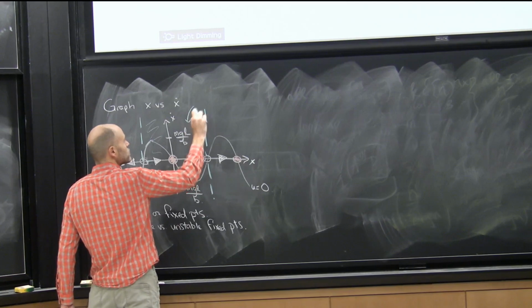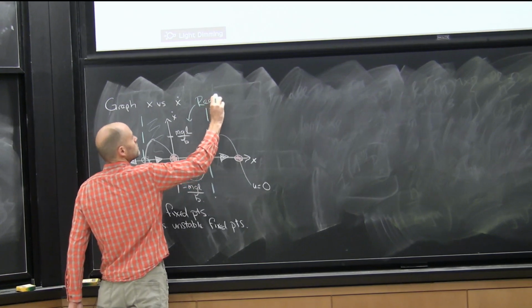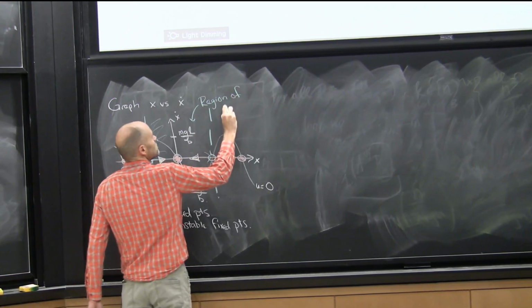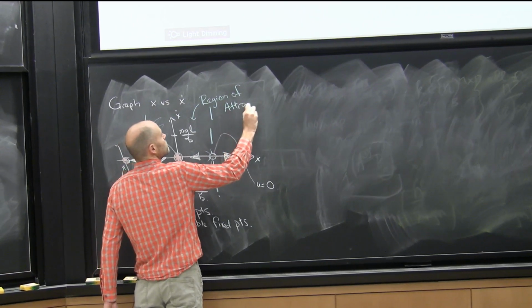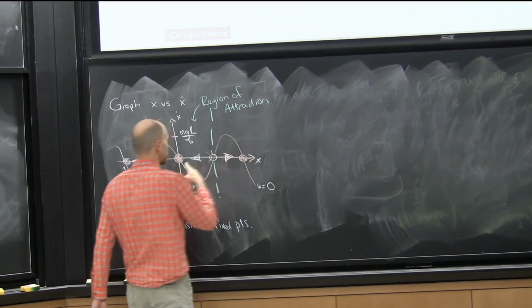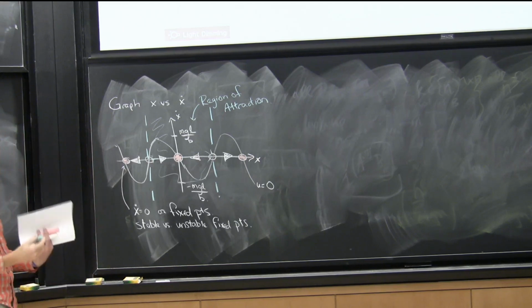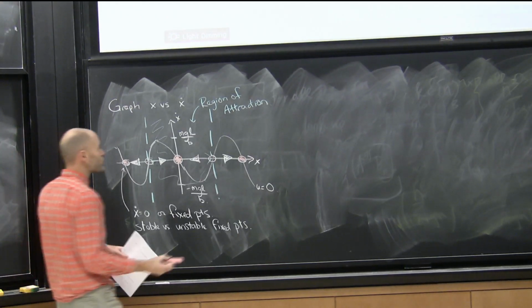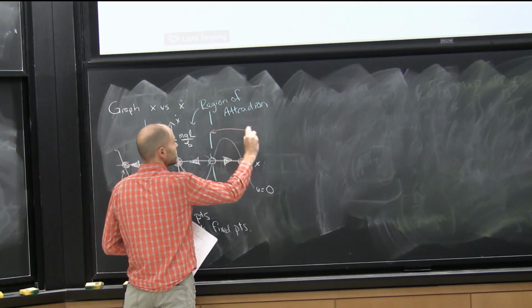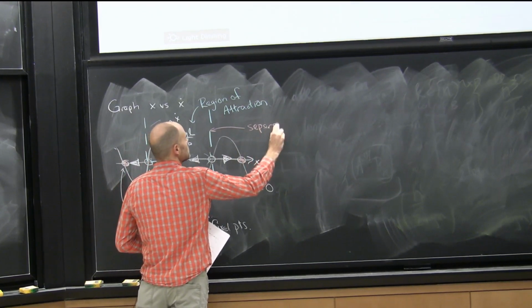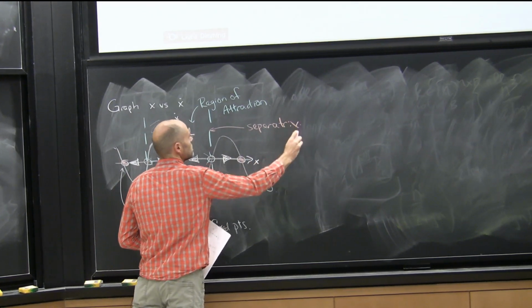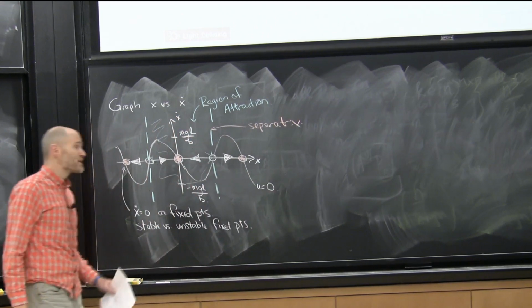This is the region of attraction of the fixed point at the origin. And these boundaries here are called the separatrix. And they can be funky in high dimensions, but still.